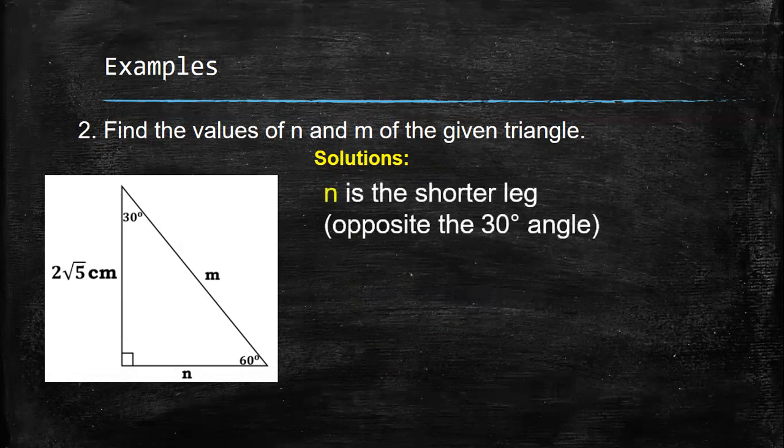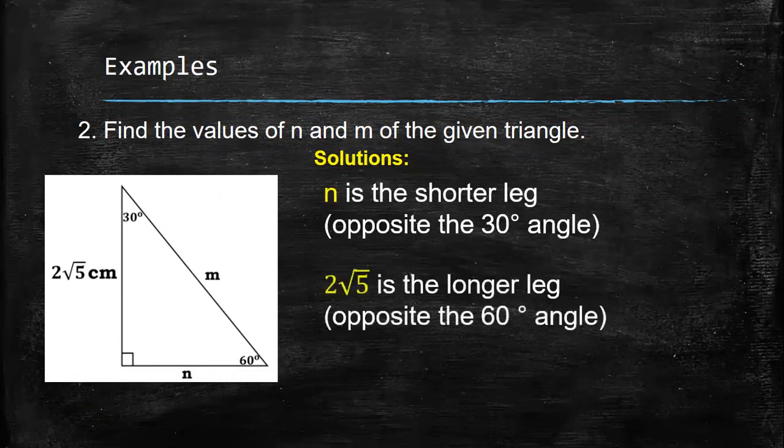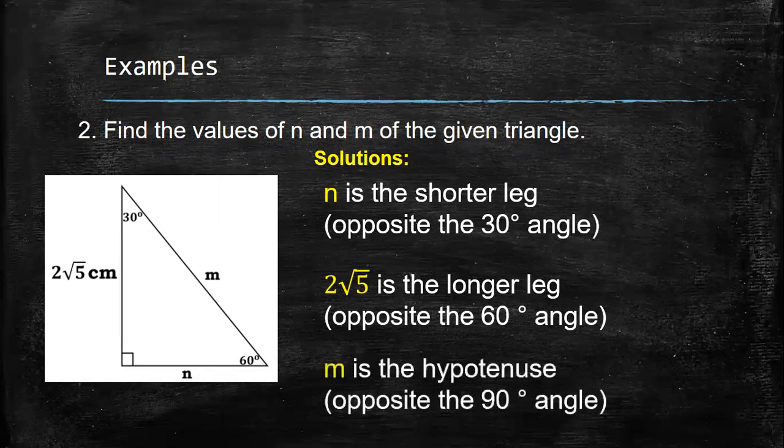So n is the shorter leg because it is opposite the 30-degree angle. And 2 square root of 5 is the longer leg because it is opposite the 60-degree angle. And m is the hypotenuse because it is opposite the 90-degree angle.